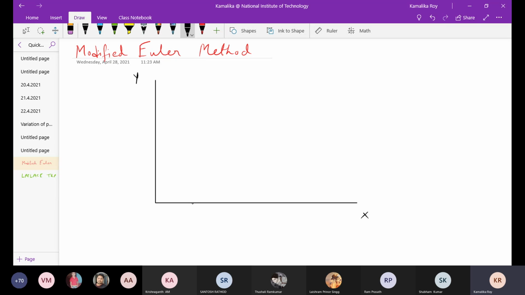This is the x-axis, this is the y-axis, and we have a curve like this. This is y equals f(x).